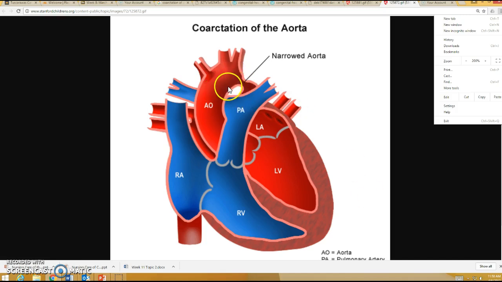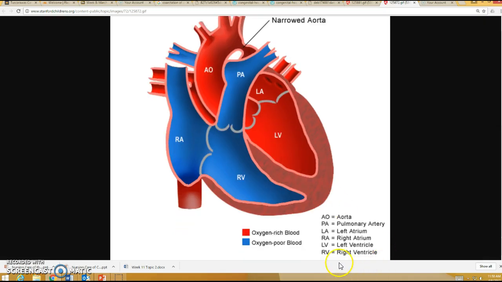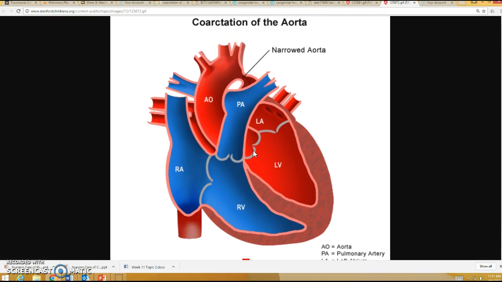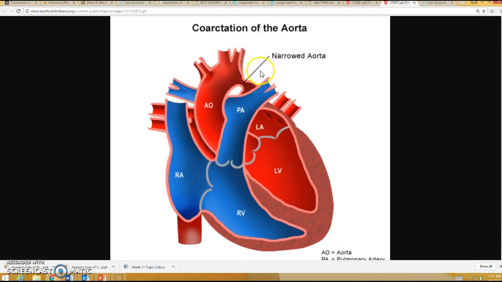Now, if we had a patent ductus arteriosus, we would be increasing pulmonary blood flow, okay? But we don't at this time. But one of the treatments would be to do a bypass here, or to create a patent ductus arteriosus there.